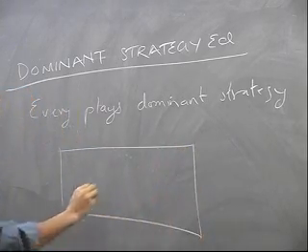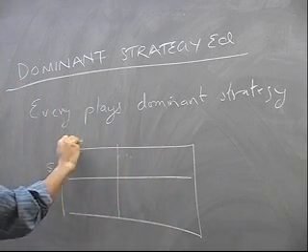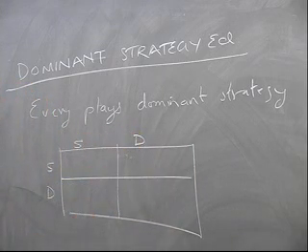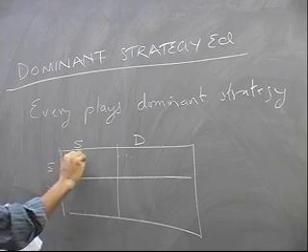Let me just draw the matrix first. So we had send, don't send. And we had this Wi-Fi game where if somebody waited, it was very bad. They didn't want to wait because that would interrupt the quality of their voice call or something like that.